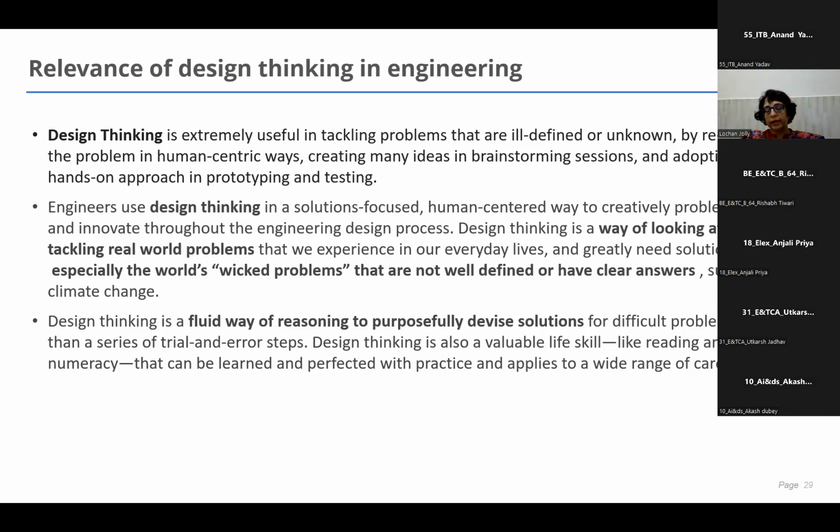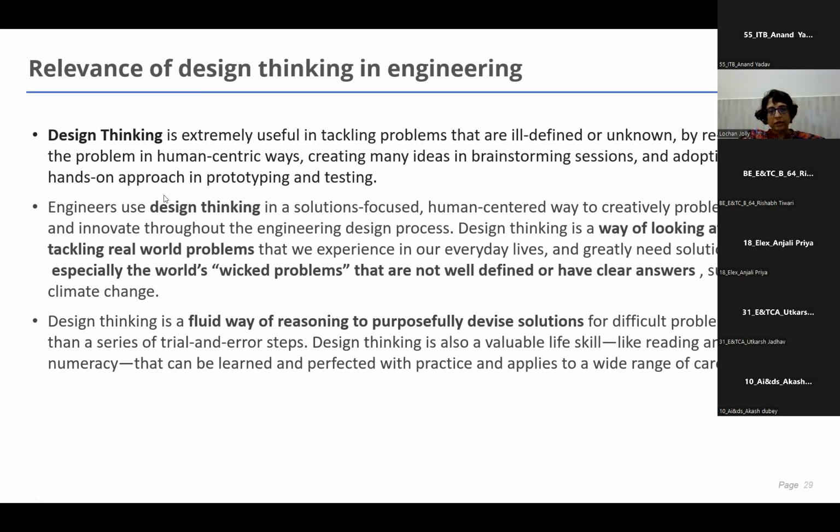Design thinking. Utkarsh, then Rishabh Tiwari, Anjali Priya, Akash Dubey, Anand Yadav. Yes, ma'am. Anjali Priya. Yeah.